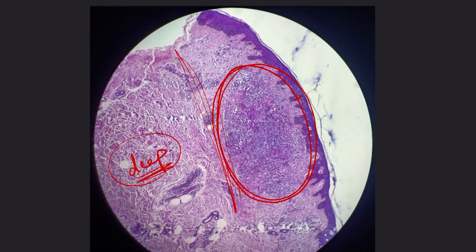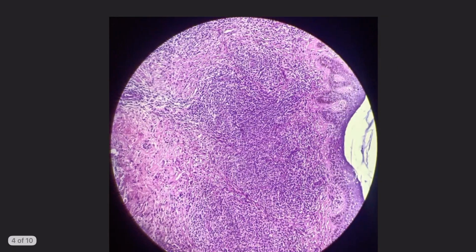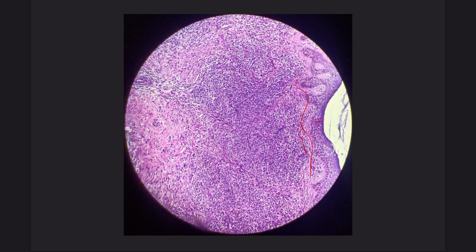And you can also see this lymphoid infiltrate moving towards the epidermis. There is a very thin gap between the dermis and epidermis. This phenomenon is called epidermotropism. Epidermotropism means the lymphoid infiltrate shows affinity for moving towards the epidermis.